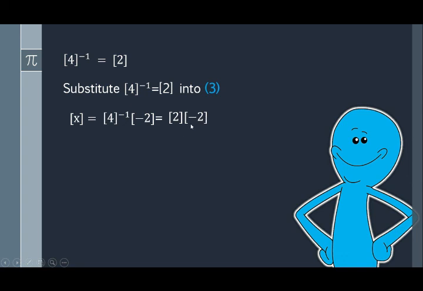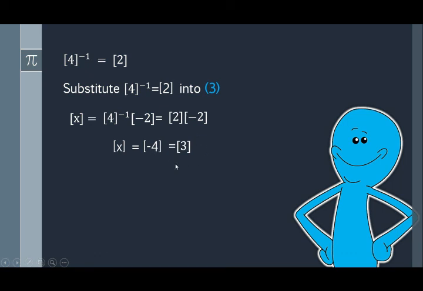This will give me x equal to −4, and I do not need to leave this in a negative form, so I can add 7 to get the congruence class of positive 3. I found the first unknown.